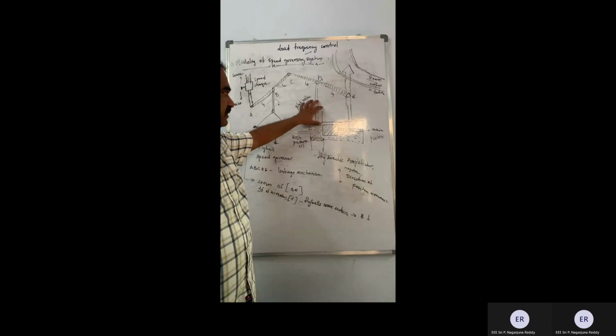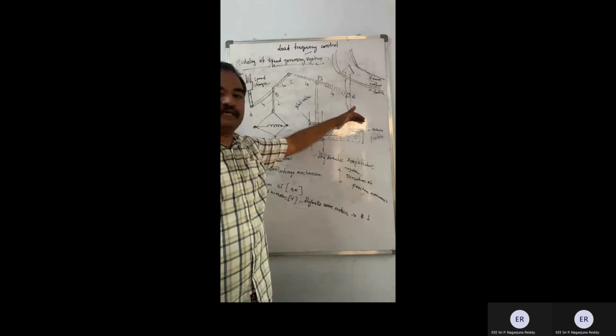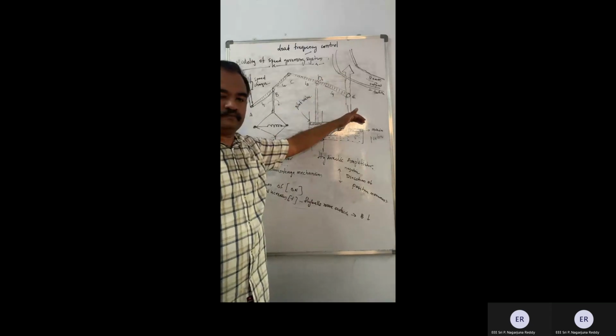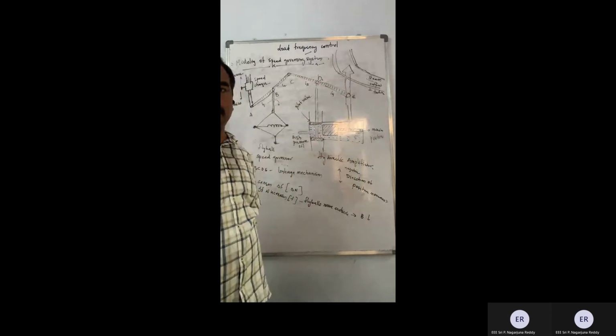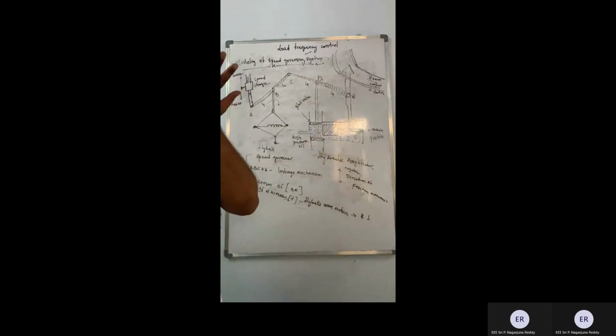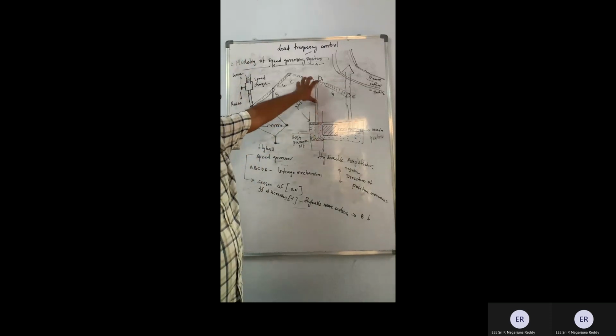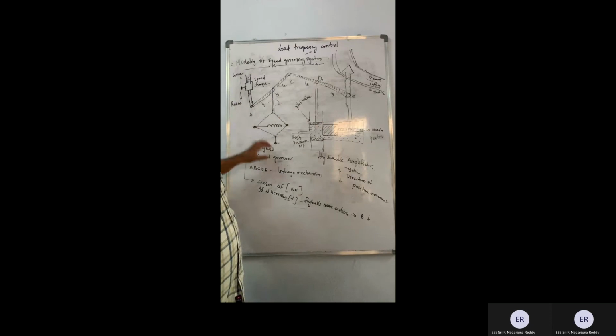If you move this pilot valve up, steam output will increase. If you move this pilot valve down, steam output will decrease. So it all lies in the movement of the pilot valve and how it is being moved with the help of these. Now, we will take a sample example.